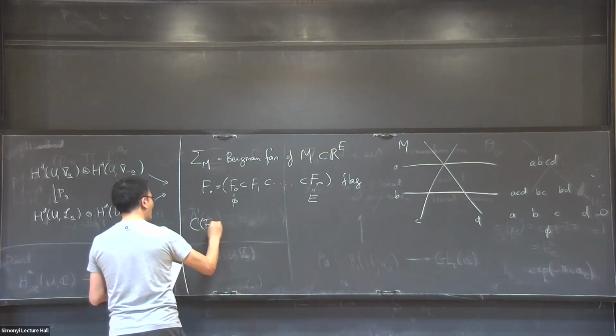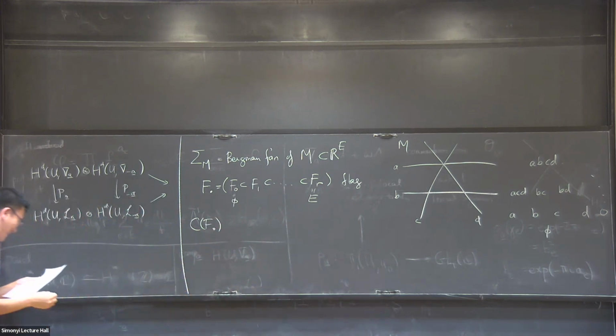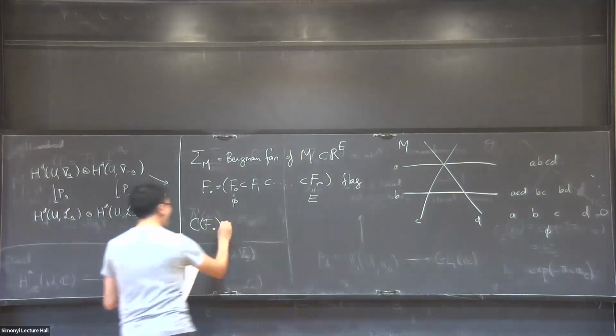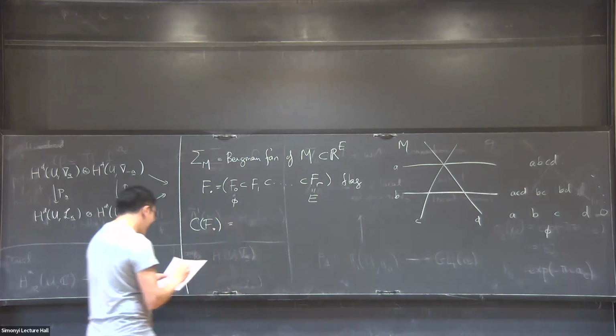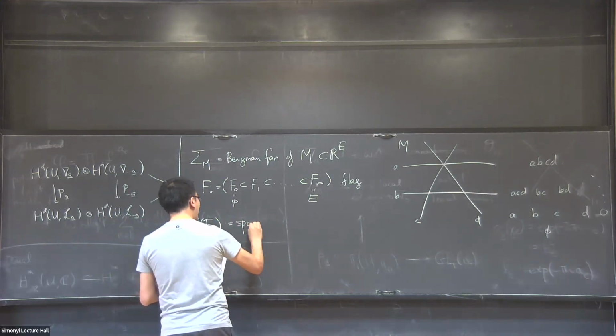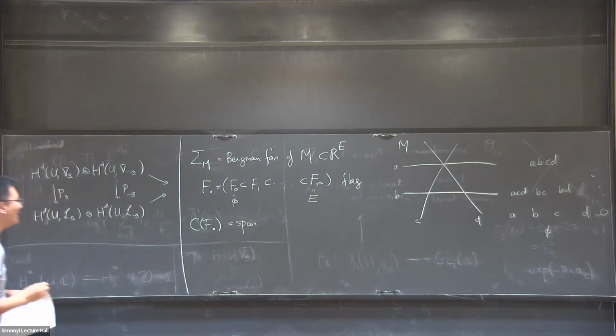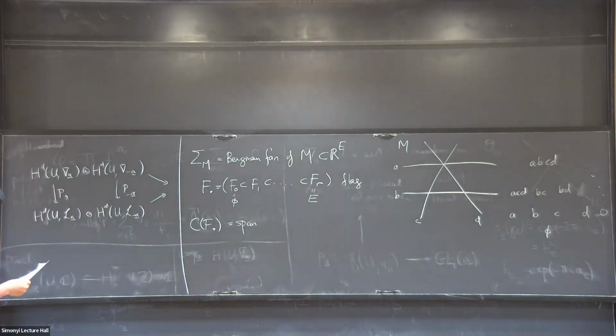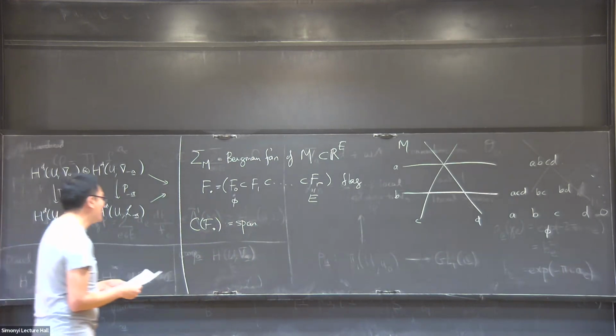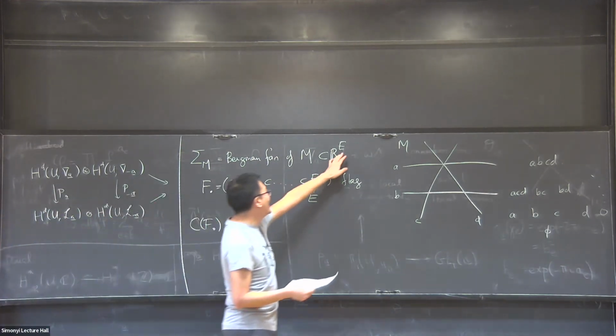then define a cone. And I'm going to do something slightly, it's not one of the most common choices. I'm going to define the Bergman fan as an r minus one dimensional fan, but sitting inside R^E.